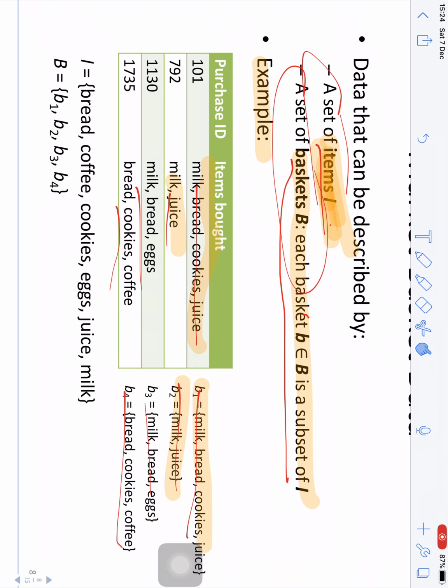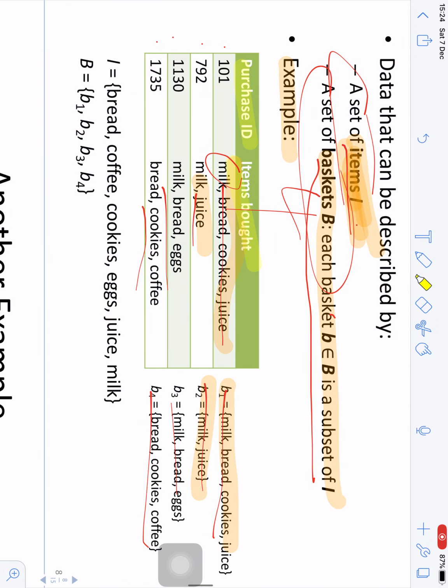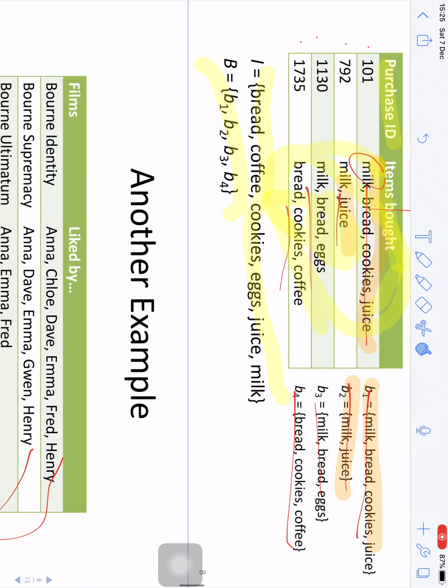Data can be described as a set of items I and a set of baskets B. For each basket b in B, there is a subset of I. For example, in this case there is a purchase ID and the items put together. These are baskets 1, 2, 3, 4, and these are the items. So the baskets have indices 1 to 4, and the items are all the things that are bought.